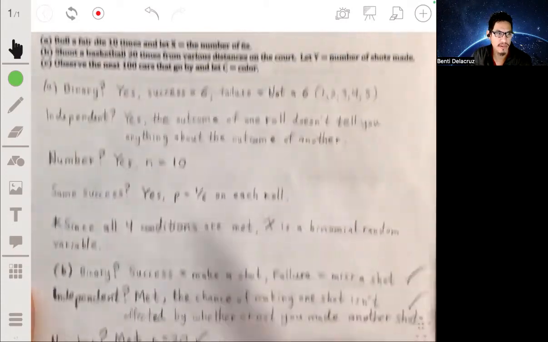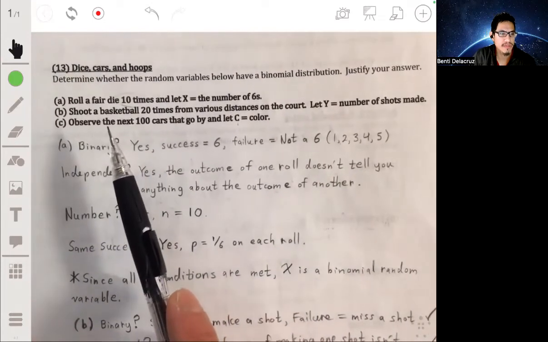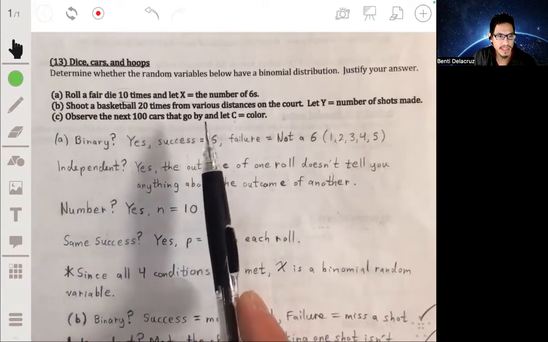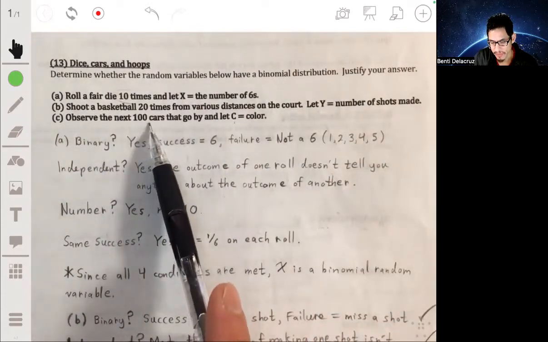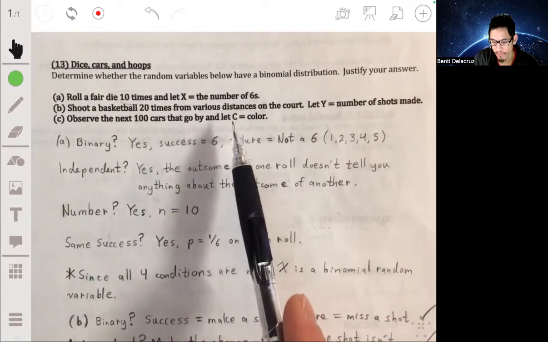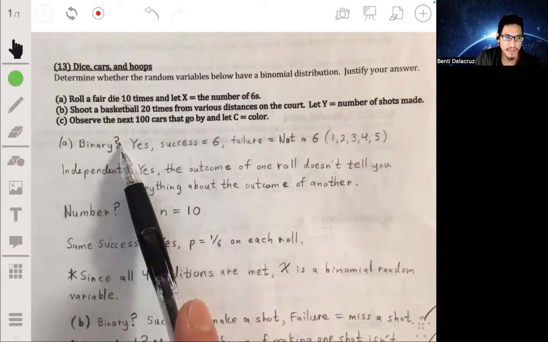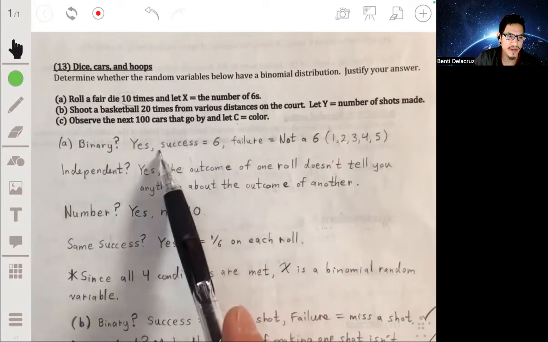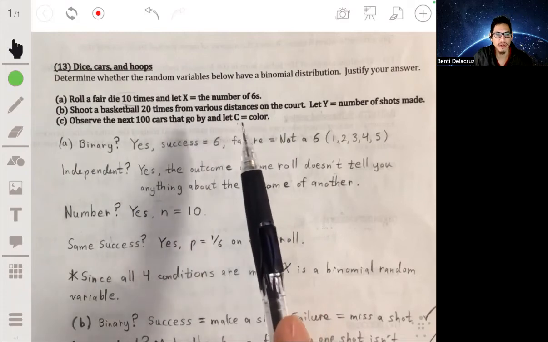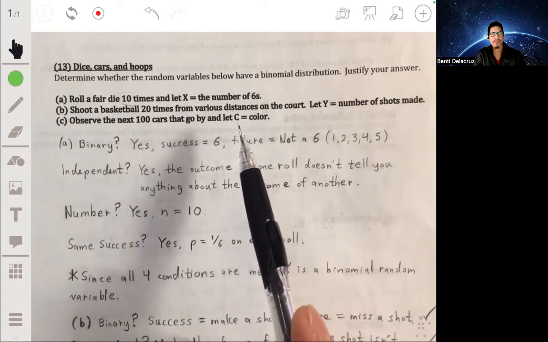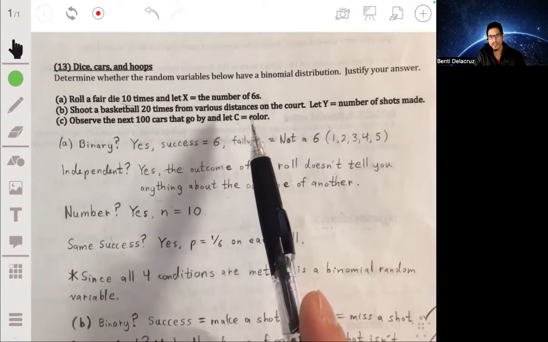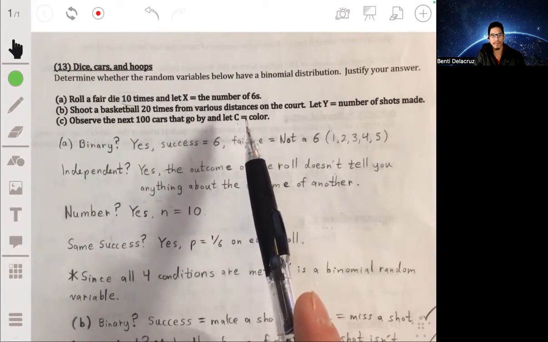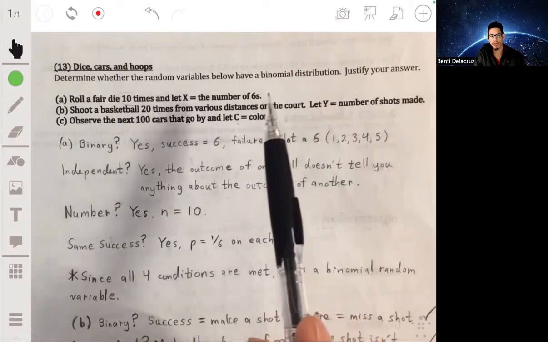All right, let's look at one more. Observe the next 100 cars that go by and let C equal the color. Let's think about this. If we let C equal the color, will it satisfy the binary condition? What would qualify as a success and what would qualify as a failure? If we're just recording color, it could be red, it could be blue, it could be whatever, polka dot, purple.